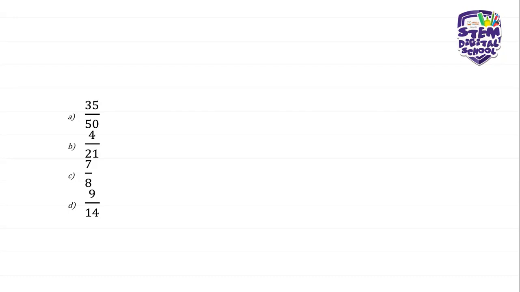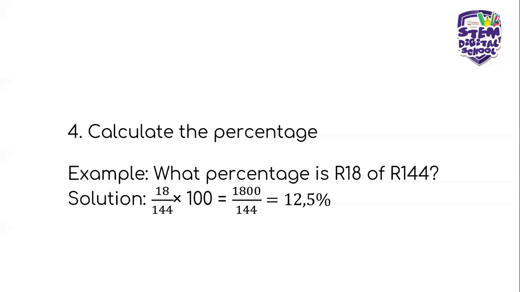Let's proceed now to the next activity, or rather the example. I'm now going to take you through an example where we must calculate the percentage. Here's an example. What percentage is 18 rands of 144?